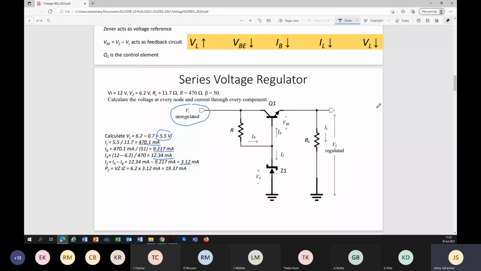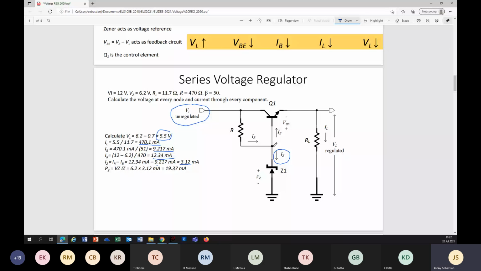IR splits into two different currents, and this IZ is going to vary, and when IZ varies, there is going to be a delta VZ. Delta VZ is going to change the Zener voltage, and we have studied that in our second chapter.